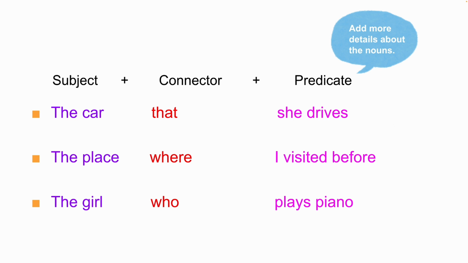When it comes to Chinese, we also use subject and predicate, or we can call that clauses, that tell what the subject is doing or what the subject is. But there are two major differences from English. First of all, in Chinese, we place the predicate in front of the subject.